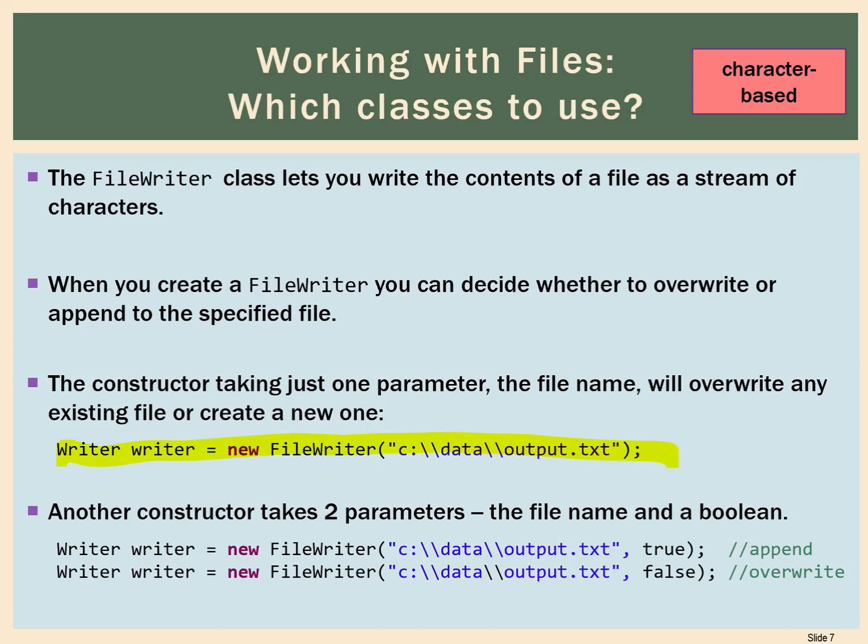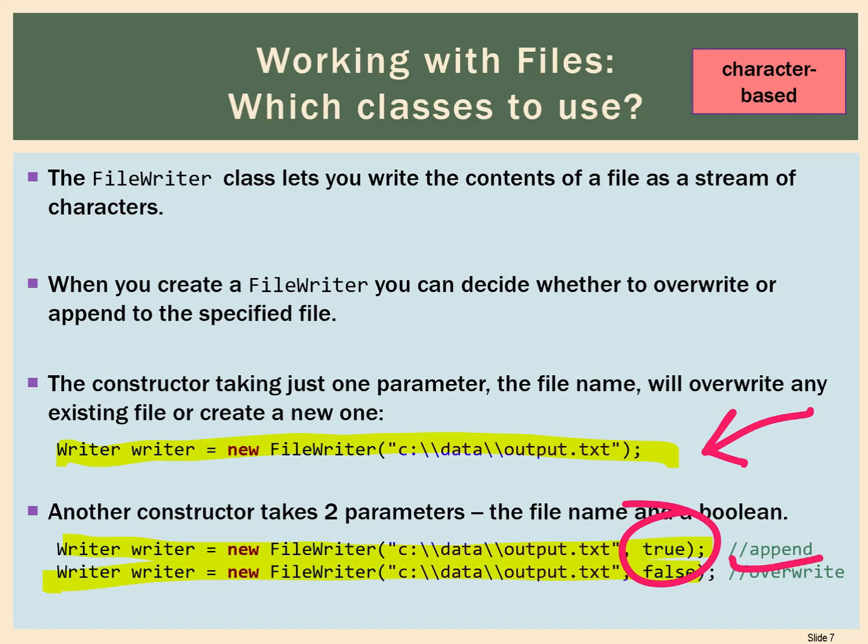However, the thing to know about the FileWriter is there are 2 different constructors. Here you see the first one, which takes only 1 parameter for the file. Down below you see the 2 variations of the second constructor. This constructor takes a file name and a Boolean. Notice you can create a FileWriter and pass it the value of true, and if you pass it the value of true, you are going to append to the file.